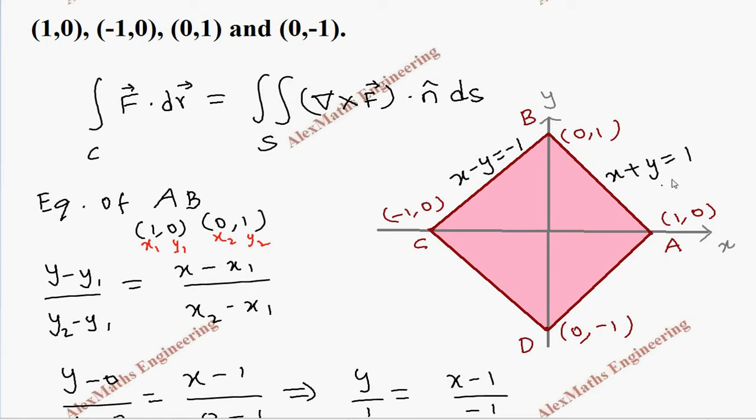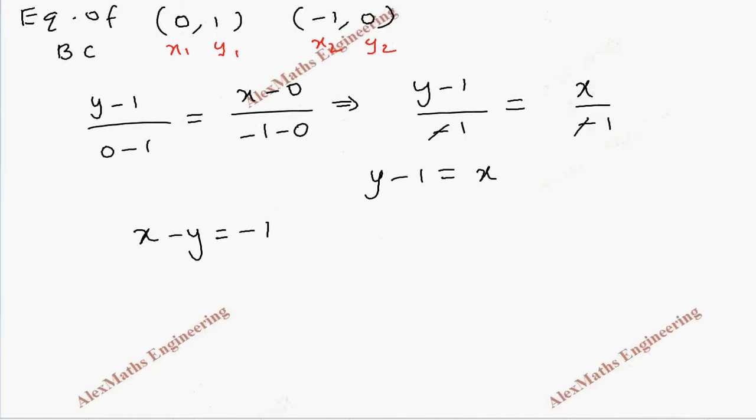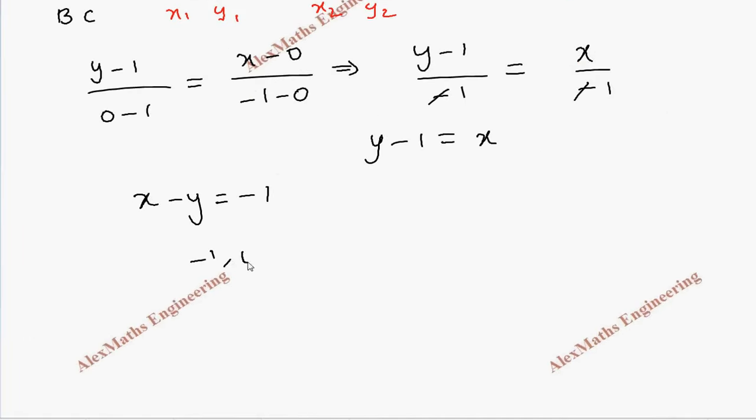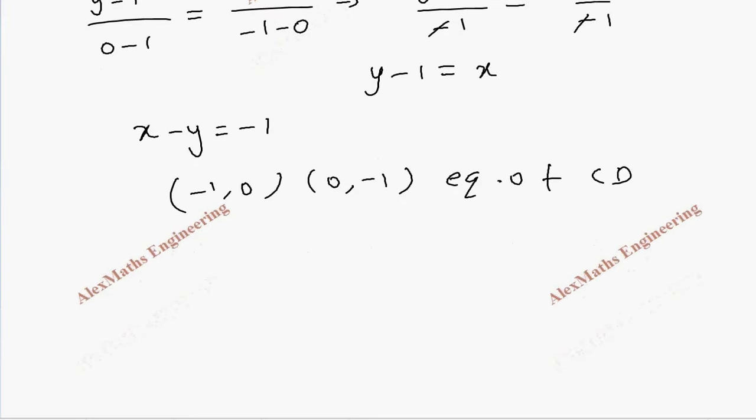In the same way for CD, it is (-1, 0) and (0, -1). We are going to find the equation of the line CD. Once again let's name these x1, y1, x2, y2.